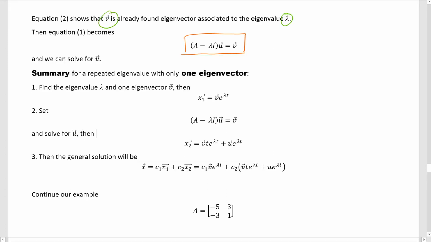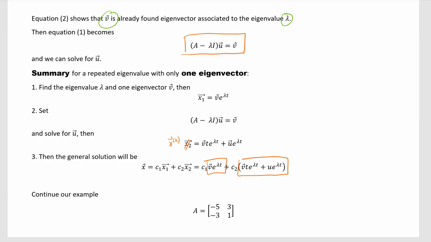Then our second solution, my notation is x2, is going to be v t e to the lambda t plus u e to the lambda t. Then the general solution is C1 times the first solution plus C2 times the second solution. Now we get two solutions to generate the solution space.